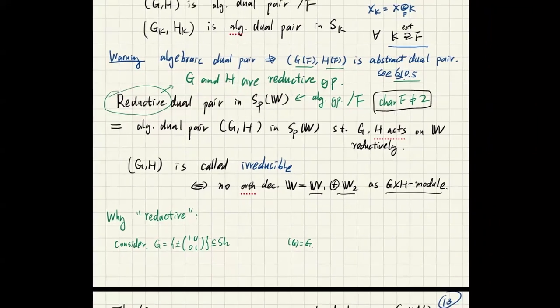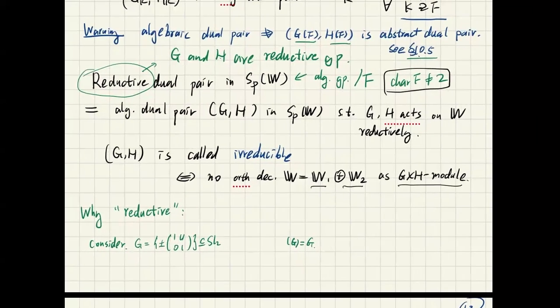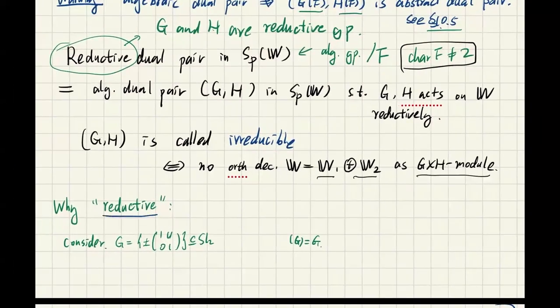Here's the explanation of why you need the condition of reductive. The simplest case is that you consider SL2, or SP2. SL2 is just SP2, the symmetry group of the hyperbolic symplectic space. Then you consider G, a unipotent subgroup.